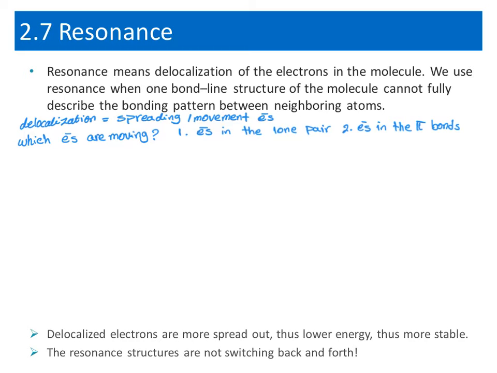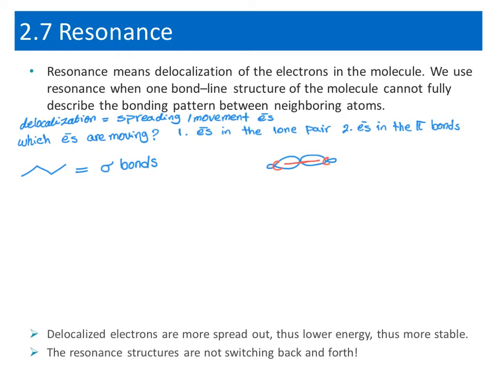Imagine that we have an alkane. Alkane has all sigma bonds, and all the carbons in an alkane are sp3 hybridized. So these sigma bonds are formed by overlapping of sp3 hybridized orbitals. If we imagine that we have two carbons, sp3 orbitals on each carbon overlap with one another to form sigma bonds.